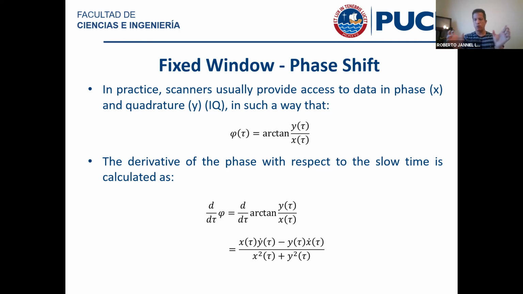So one thing that people would do when you have modulated signals is you demodulate it. You basically transport this back to baseband, meaning you have it centered around 0 hertz.